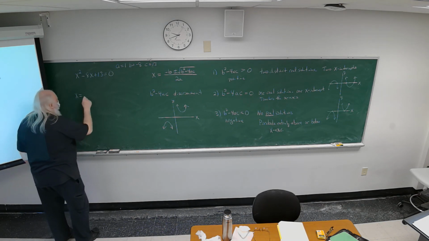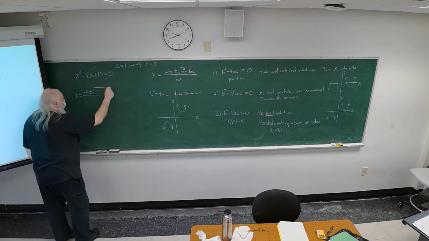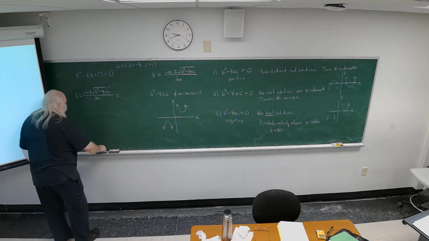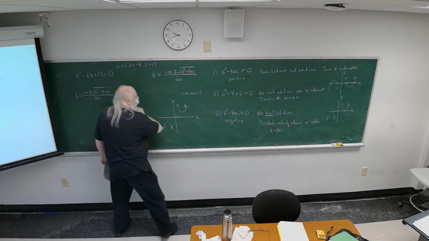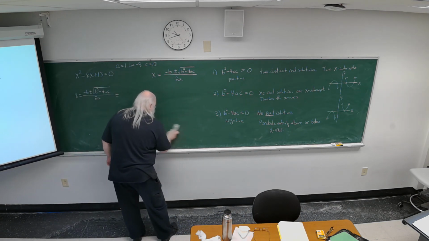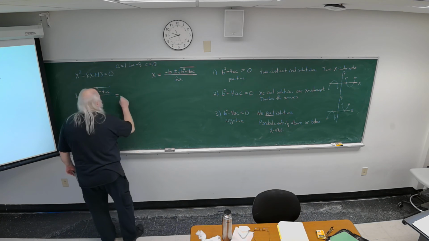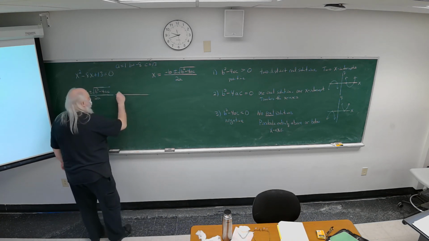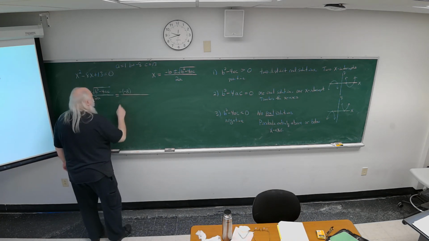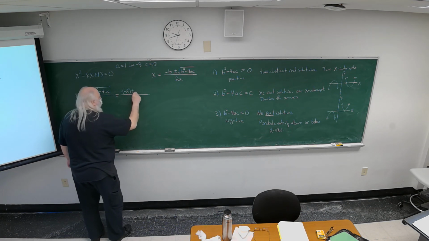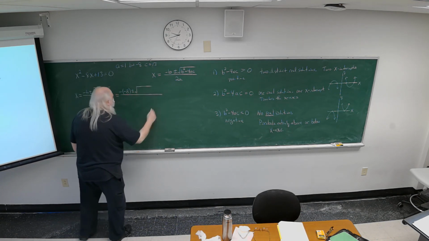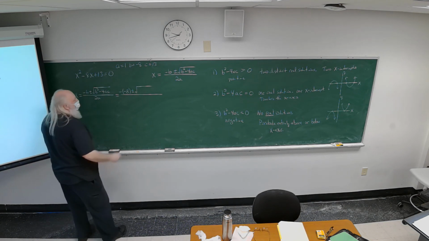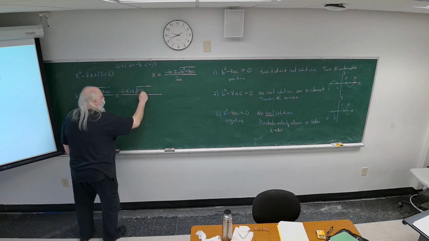So x is equal to negative b plus or minus the square root of b squared minus 4ac, over 2a. Well, negative b in this case is the negative of negative 8. b squared is negative 8 squared.